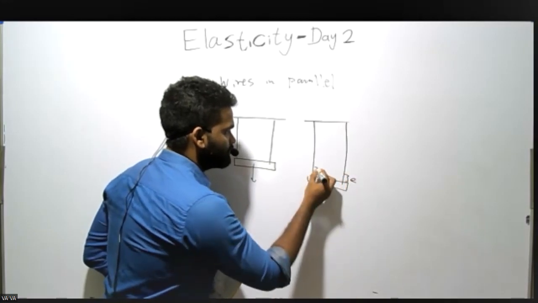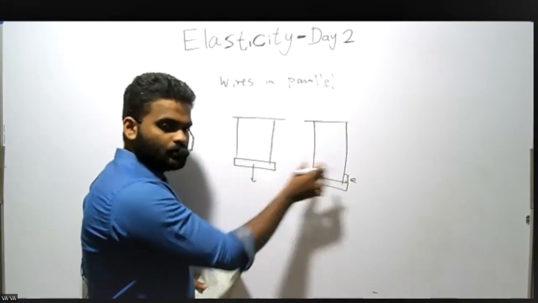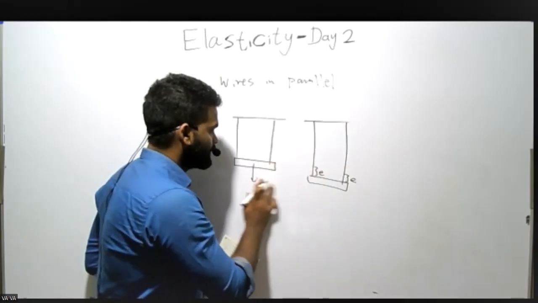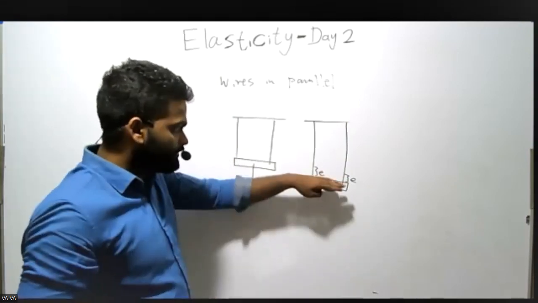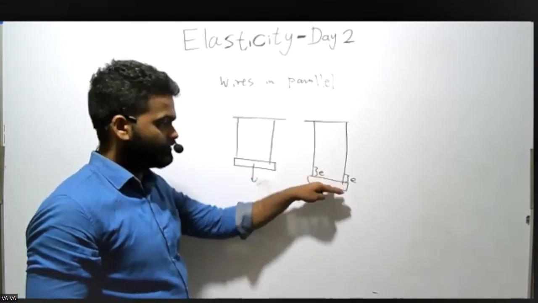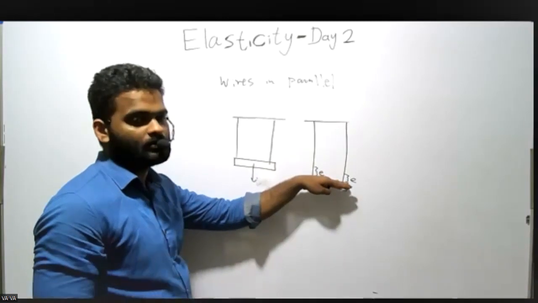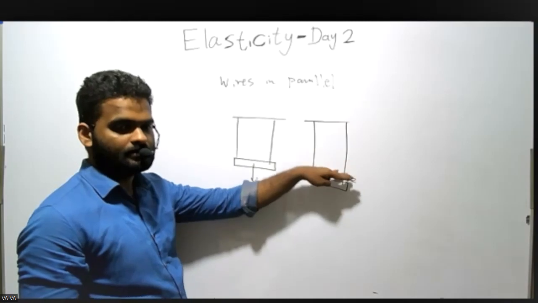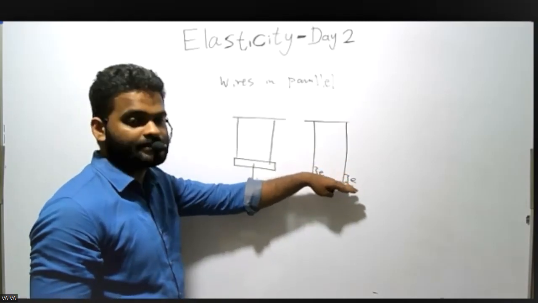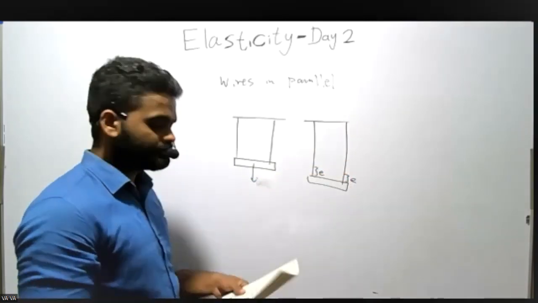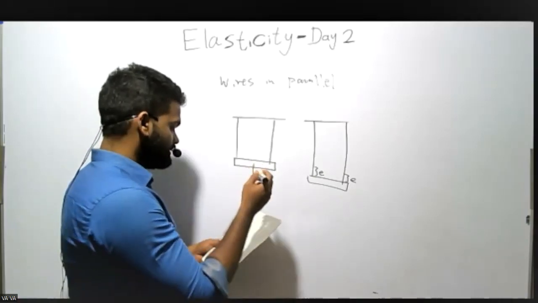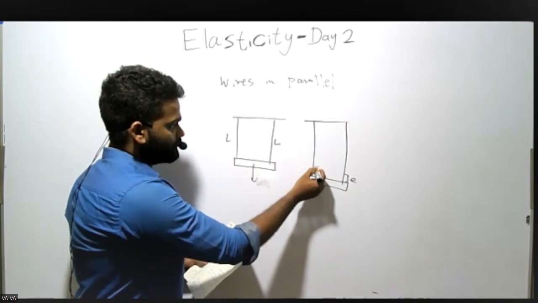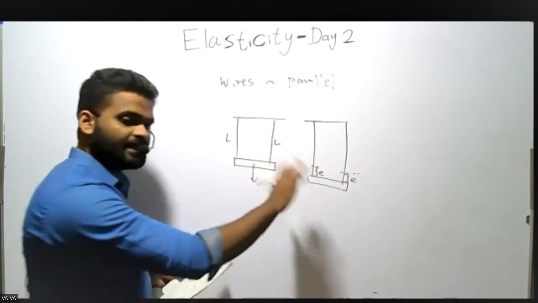The extensions are also the same in both wires, because we need to keep this rod horizontal all the time. We are not solving problems like inclined rods. So the lengths are the same, and the extensions of each wire we also take to be the same.